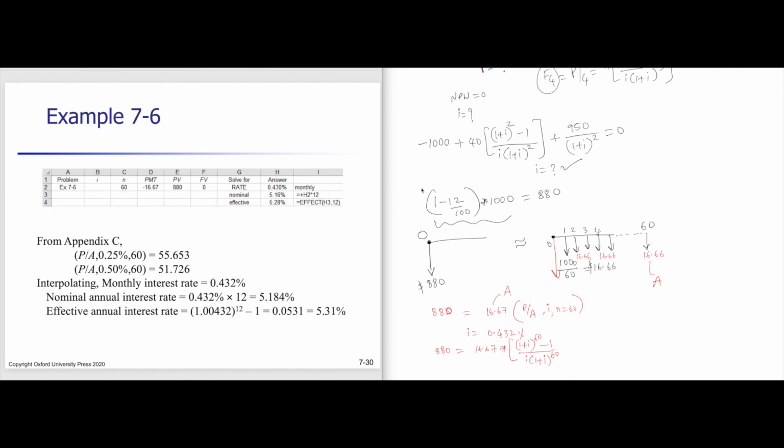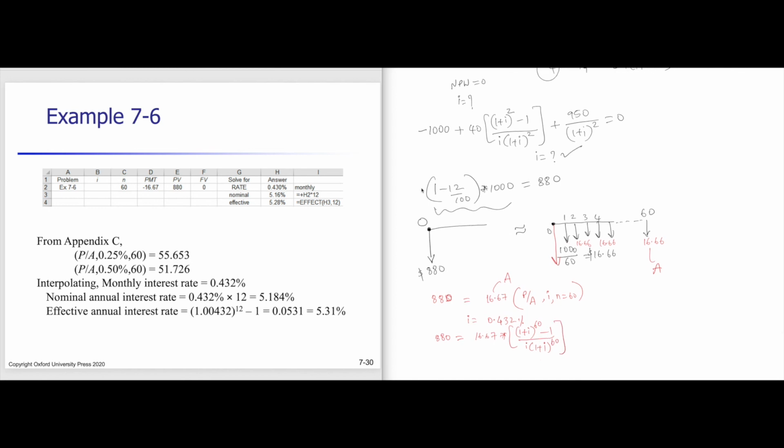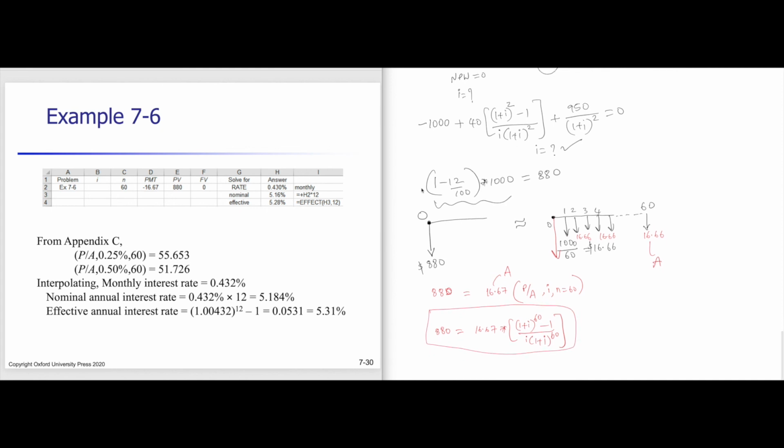That's it. So we have to solve for this equation. Then we should get I to be 0.432%.